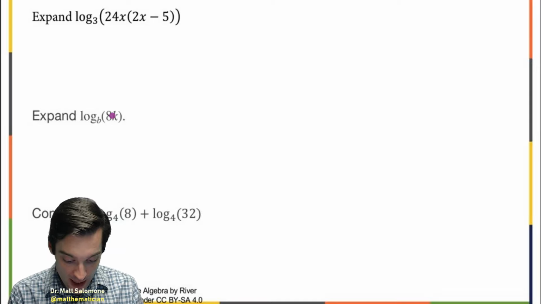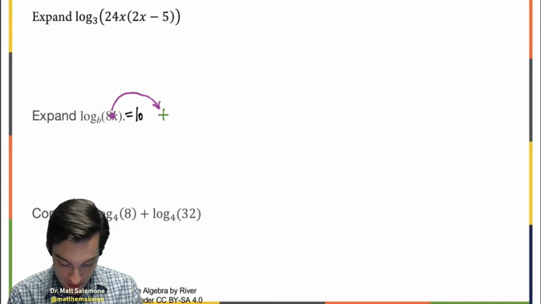That when I pull that arithmetic out of the log, multiplication inside the log becomes addition on the outside of the log. Right? And so the log of 8k is equal to the log of 8 added to the log of k.